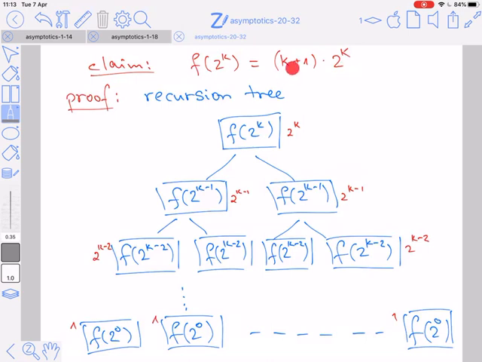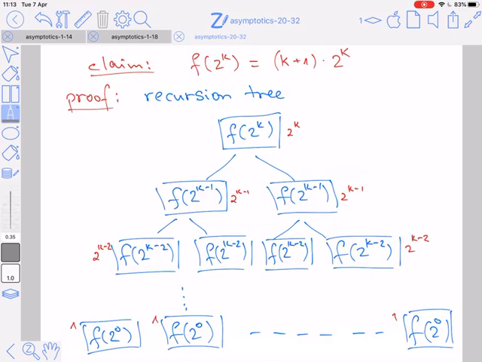Now you may ask, how did I reach this guess? So, I will show you by using an argument which we used for the first recursion, the argument of analyzing the recursion tree. Okay, so I start with the evaluation of f of 2 to the k.